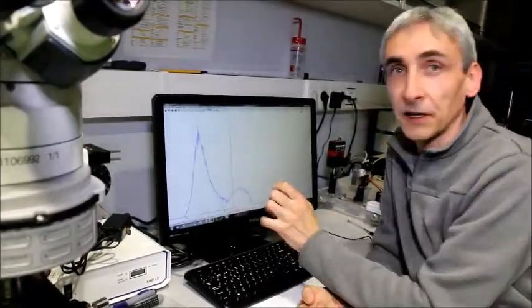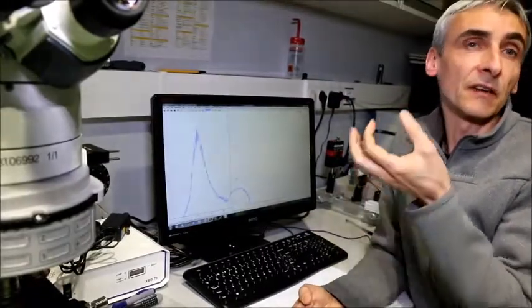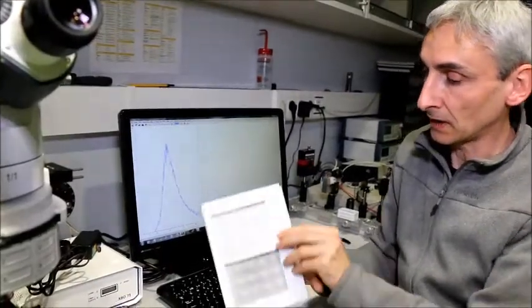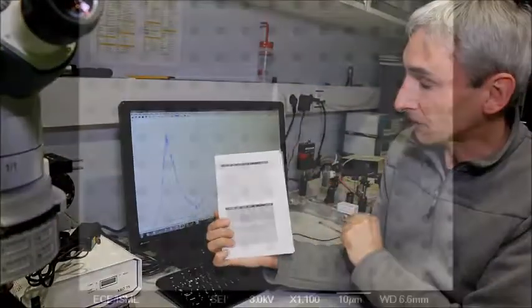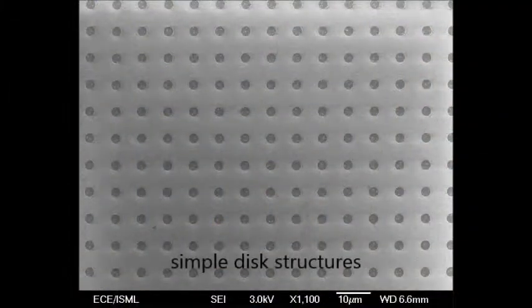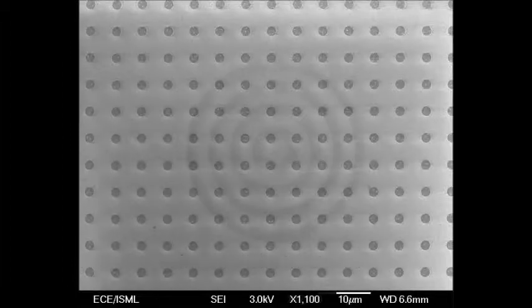What we did here is engineer the shape of our nanoscatterers, or our nanoantennas, and instead of making simple discs, as normally is done, we made them of this more complex shape. We made them as a number of concentric rings.